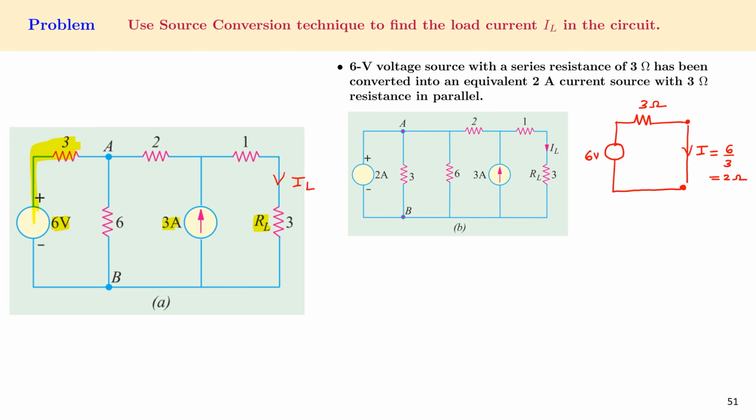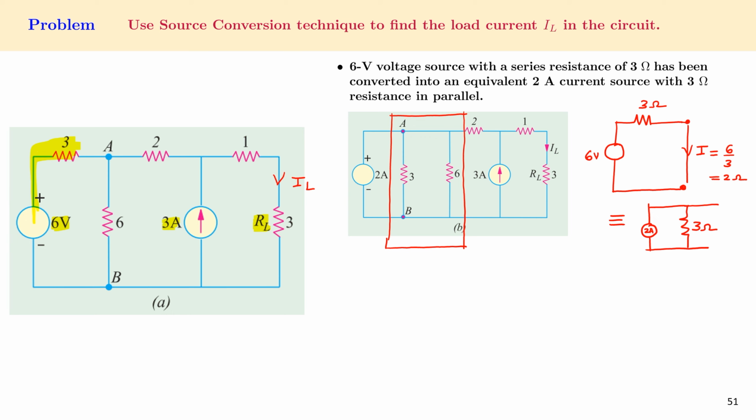In figure B, the 6 volt source with a series resistor of 3 ohms has been replaced by a 2 ampere current source and a 3 ohm parallel resistor. So that is shown in this figure. When we analyze, we can see that the 3 ohm resistor and the 6 ohm resistor are in parallel.